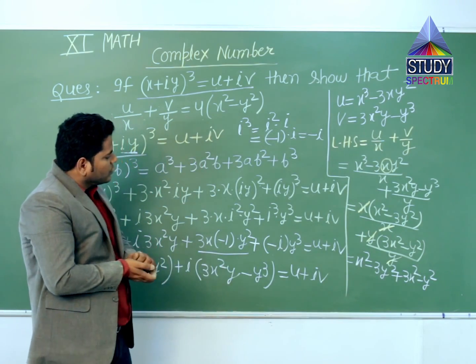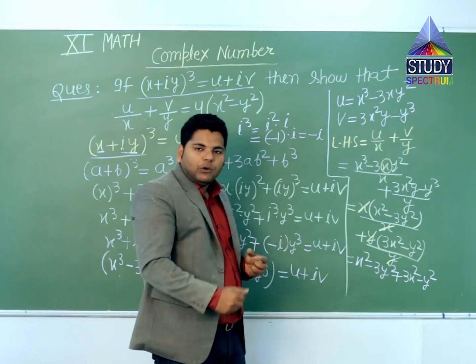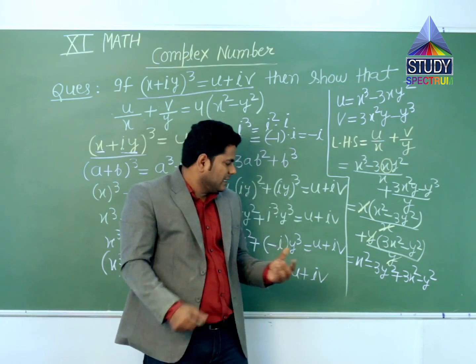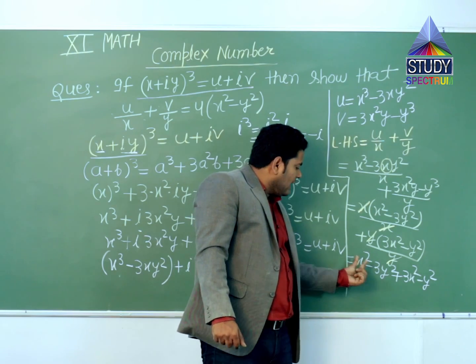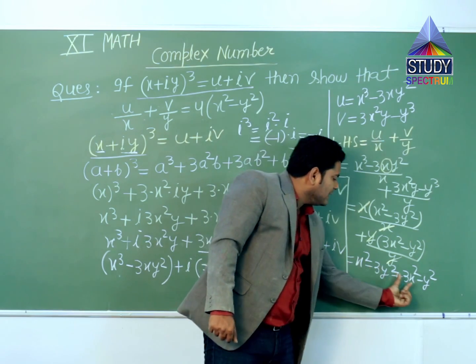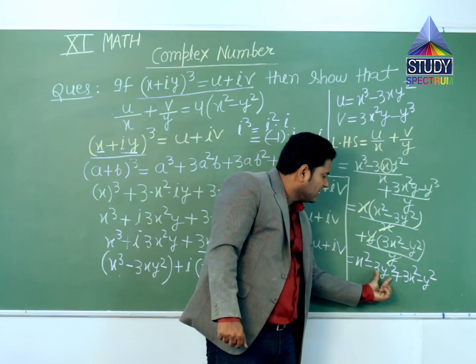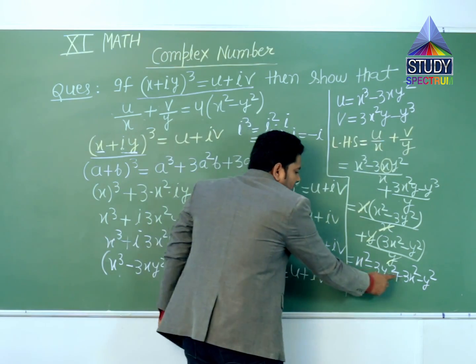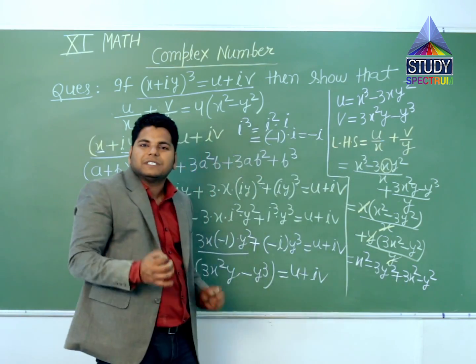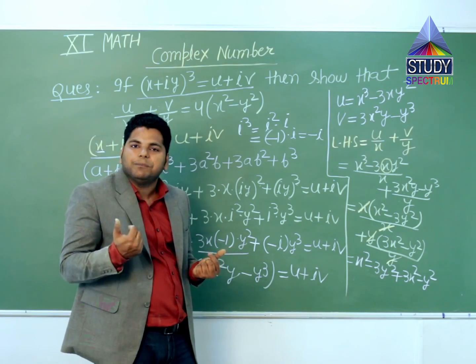Okay, so we know from the algebra of real numbers, here all are real numbers, then we can add x square with x square term and y square term with y square term. So x square plus 3x square, both have the same sign, so we will add and put sign plus.